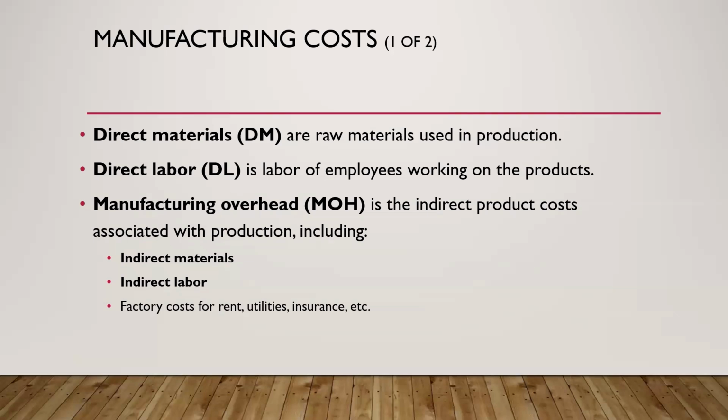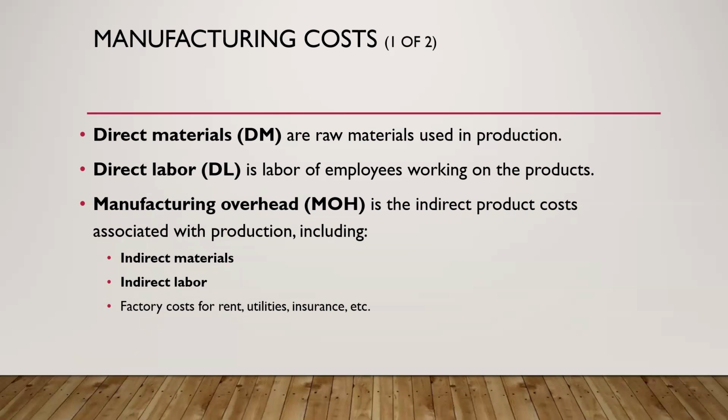It is important to be able to distinguish between direct and indirect materials and direct and indirect labor. Indirect materials are materials used in making a product, but whose costs either cannot be conveniently traced directly to specific finished products or are not large enough to justify tracing to a specific product.